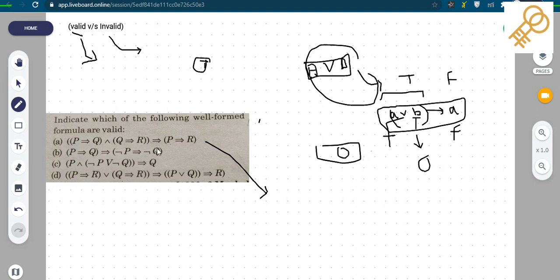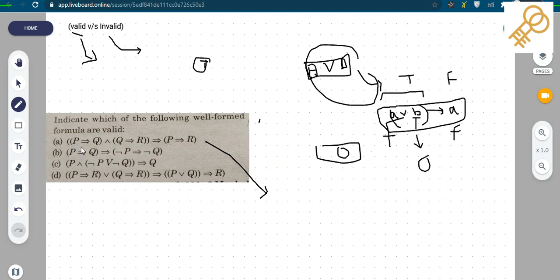They have given an implication. As we know that for implications, the whole expression gives false in only one case, whenever the left hand side of the implication is true and the right hand side of the implication is false. In that case only we get a false value. So we'll try to prove that, and if we are not able to approach that condition, it means that this expression will not be invalid.